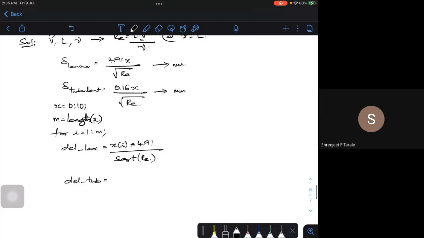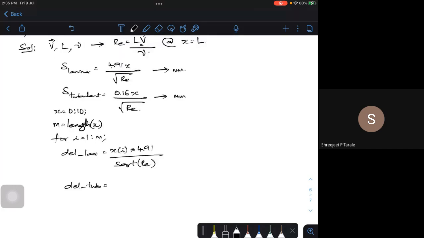For turbulent, there are two formulas. One uses RE to the power of 1 upon 7. Turbulent is actually the 1/7 power; only for laminar it is square root of RE. So I can use this.